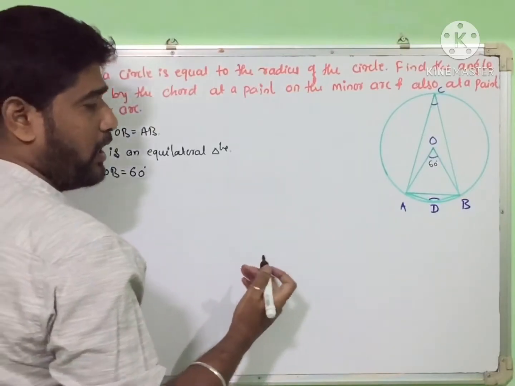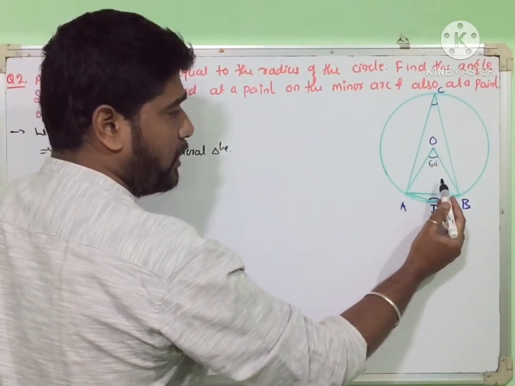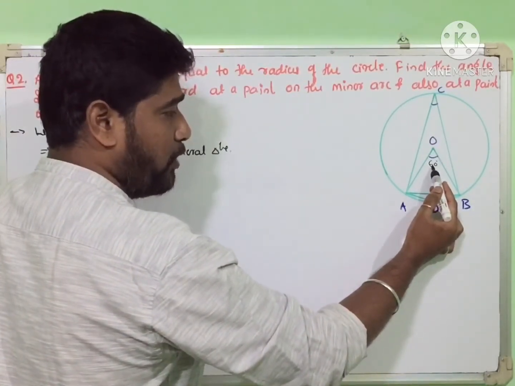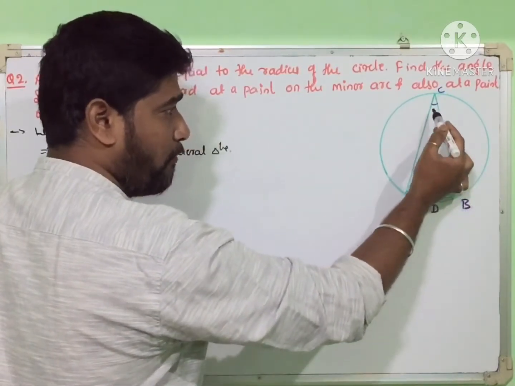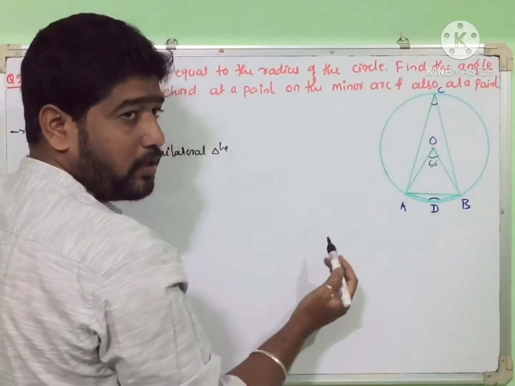And we know that one theorem, the angle subtended by the chord at the center is double to the angle subtended by the same chord at the remaining part, right?